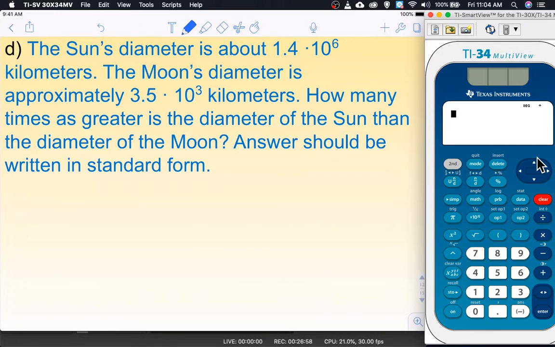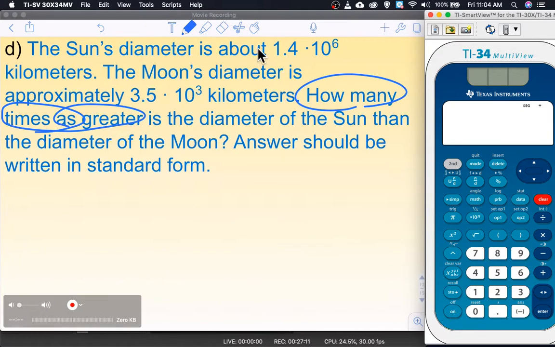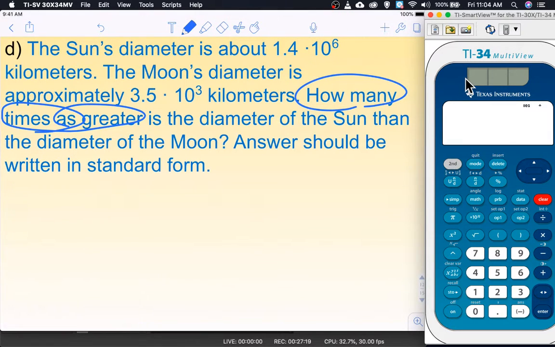All right, so how many times greater? That is a division problem. When we divide, we're going to put the bigger number on the top, which out of these two numbers, 10 to the 6th power is way bigger than 10 to the 3rd power. The bigger exponent is always the bigger number.